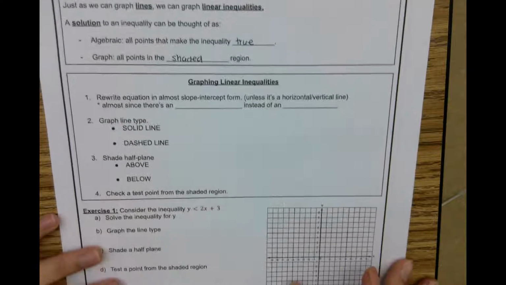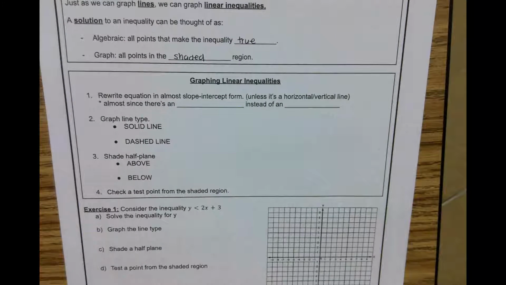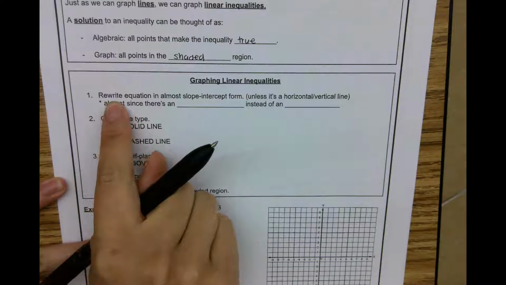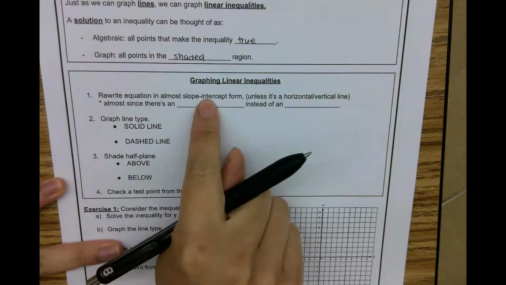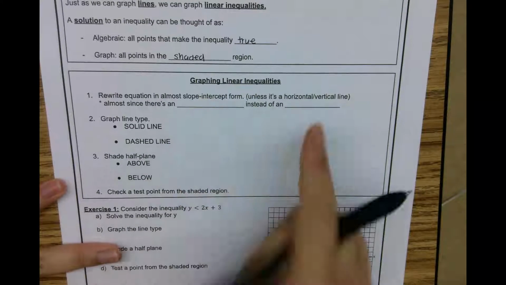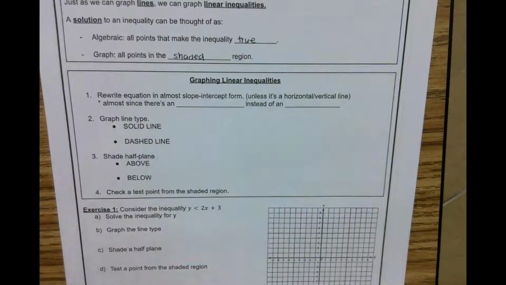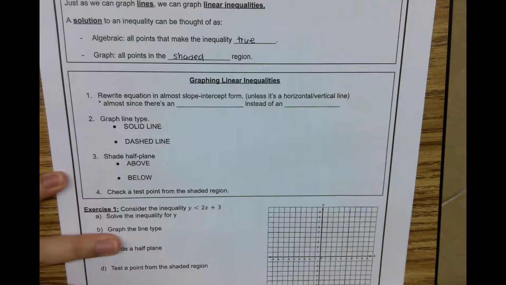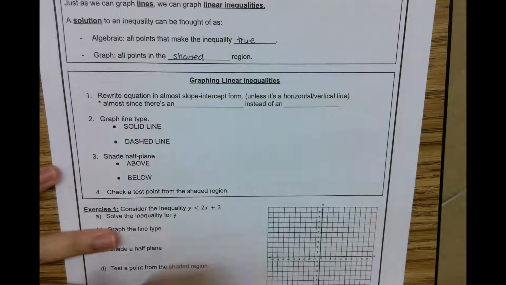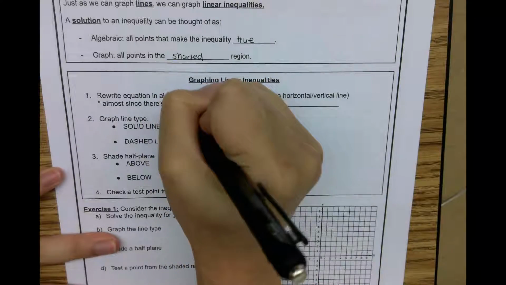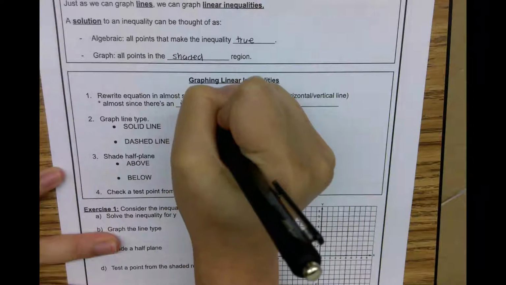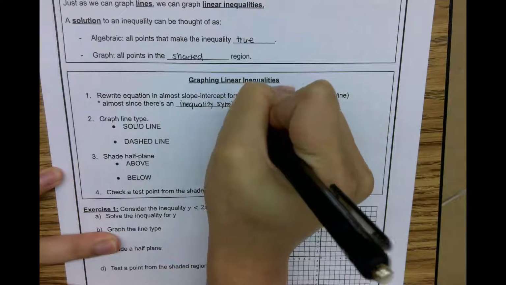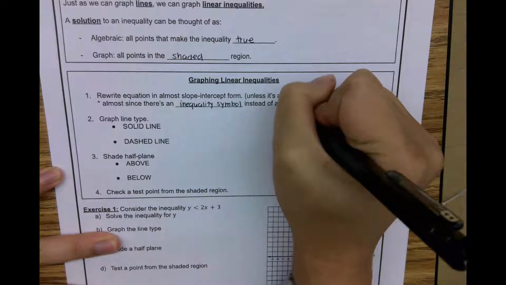So how do we graph linear inequalities? First, we are going to rewrite the equation. We've learned how to do that in almost slope-intercept form, unless it's a horizontal or vertical line, then it's not in slope-intercept form. The reason why I say almost slope-intercept form is because we have an inequality symbol instead of an equal sign.